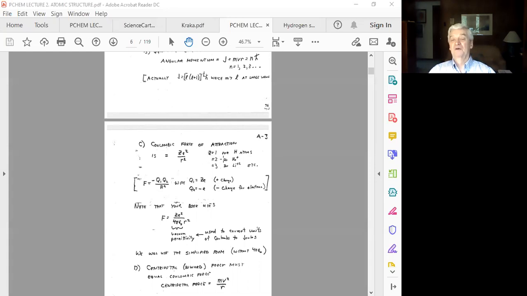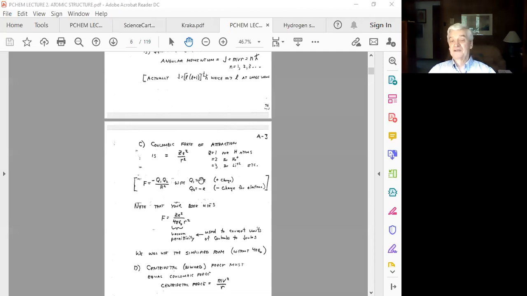Its atomic number is 2. But if it's helium plus, it's lost an electron, so it'll have 2 protons and 1 electron. Lithium plus 2 has also been studied. It has +3 charge in the center, but lithium plus 2 has only 1 electron around it.